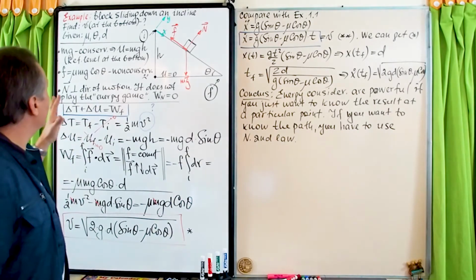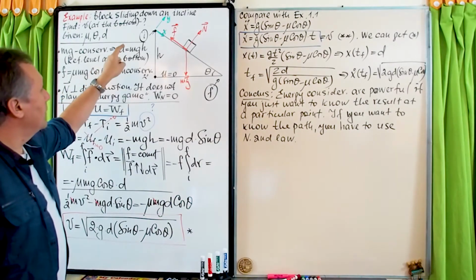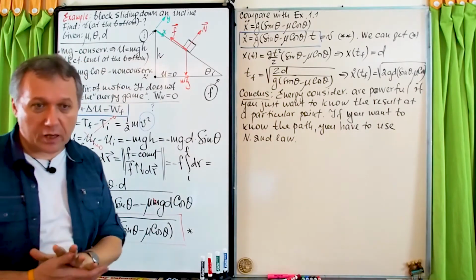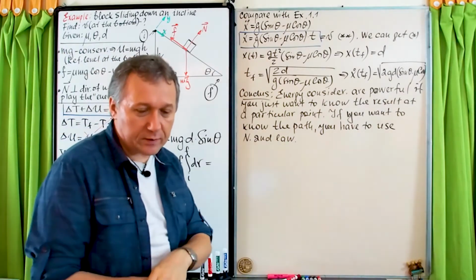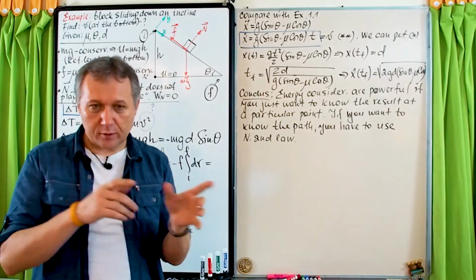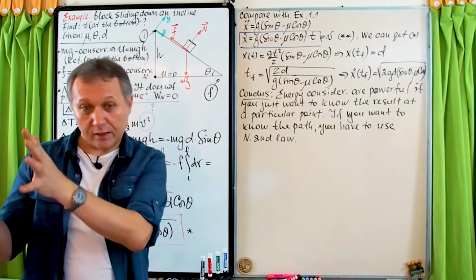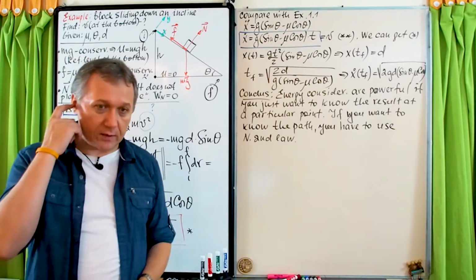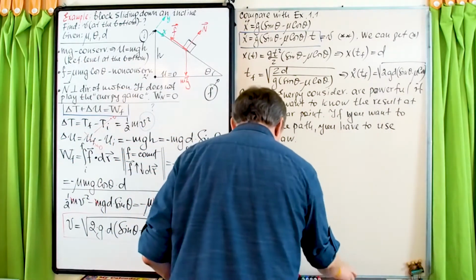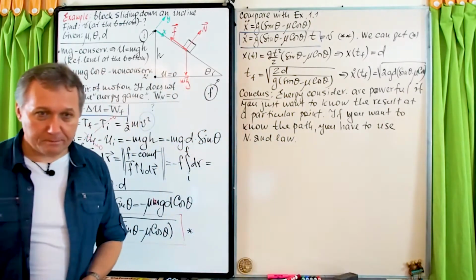So now we know how we can get potential energy out of a force which is conservative. How can we move back? Let's say you have potential energy. How can we get the conservative force? Okay, let's just derive that.